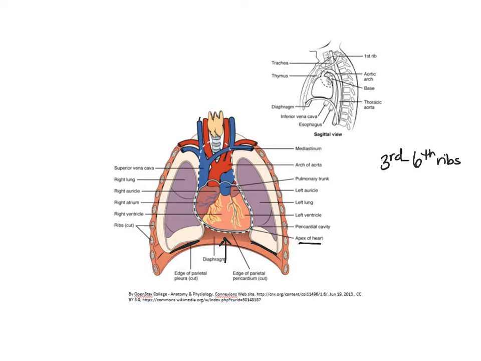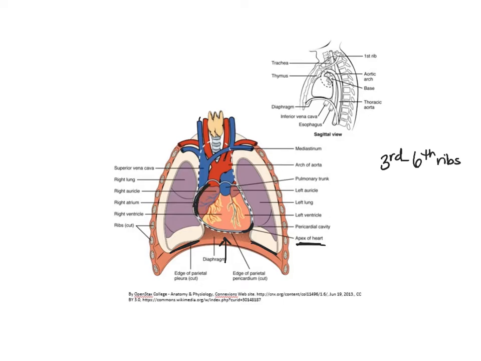So back to the apex of the heart. The orientation of the heart is that this bottom part here, the kind of pointy part of the heart, is called the apex, and that's pointed toward the left and down, so kind of toward the left hip. And then the base is up here, kind of pointing up toward the right shoulder.